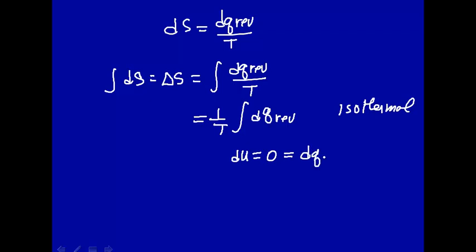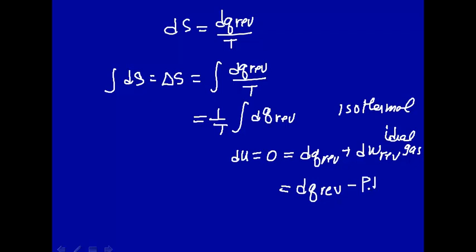This is dq, let's make this reversible, plus dw reversible. So this is an ideal gas, and that is equal to dq reversible minus P dV. The assumption here is only PV work. So in other words, dq reversible is just P dV. So let's go ahead and do that.